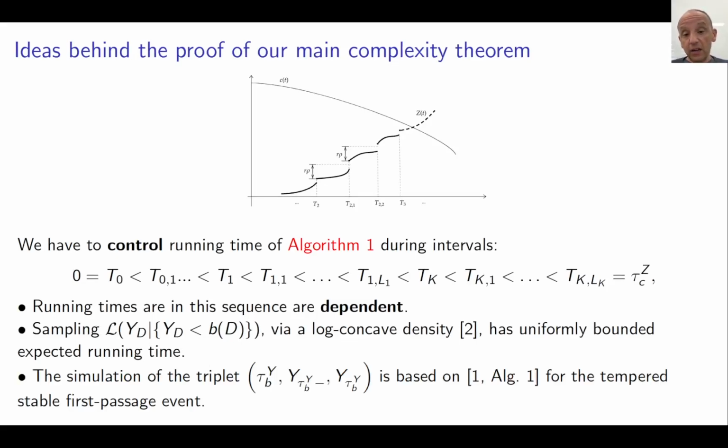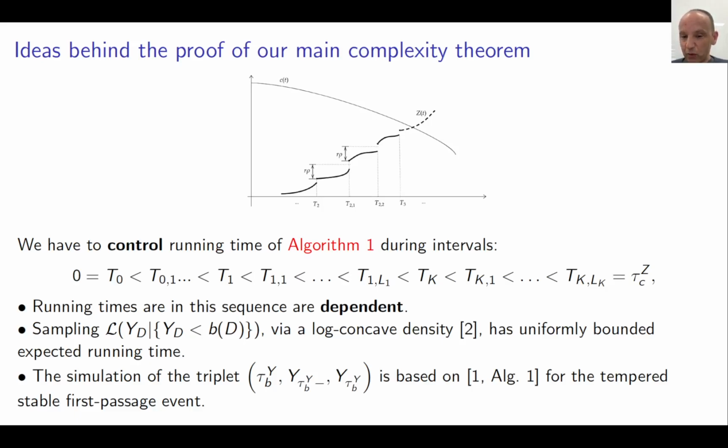The other extremely important component in all this is the bound that we obtained. For sampling this triplet, of course, this is reduced to sampling the tempered stable. Remember, this is truncated tempered stable, sampling the tempered stable triplet, which we've developed recently, and we've obtained an algorithm whose running time has an exponential moment, and therefore all moments are finite.